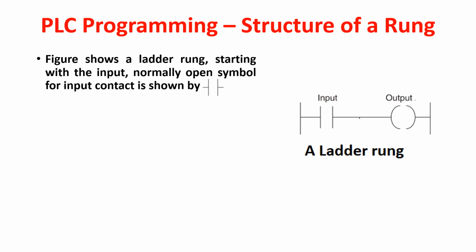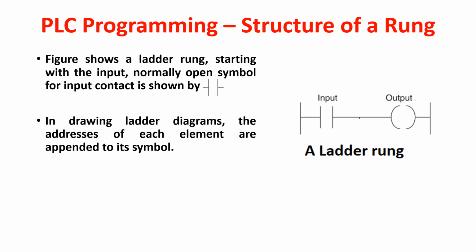In drawing ladder diagrams, the addresses of each element are appended to its symbol. When wiring up the inputs and outputs to the PLC, relevant input addresses must be connected to the input and output terminals with its output addresses.